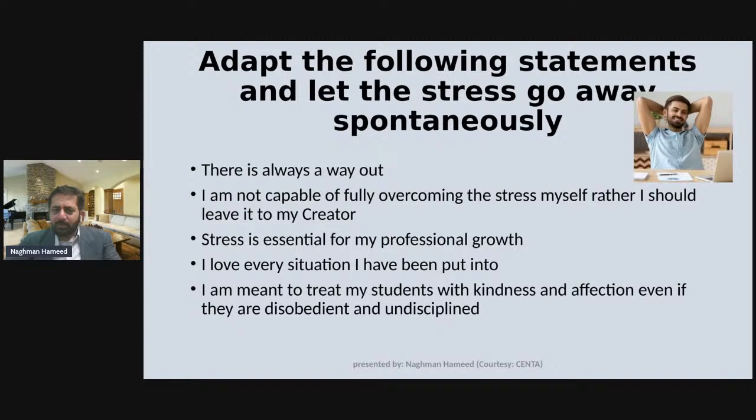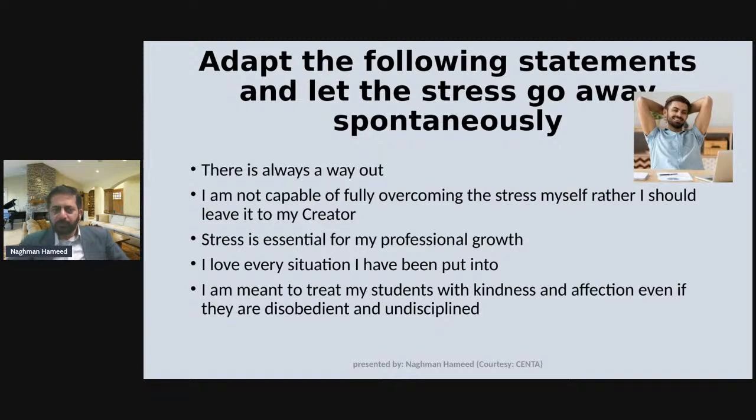The last thing, I mean to treat my students with kindness and affection even if they are disobedient and undisciplined. What about this? We have to be consistent in our attitude, shouldn't we? Right. Okay, you can see yes there. May I get some more feedback? Okay, yeah. This kind of affirmation makes us free from stress. That's right.